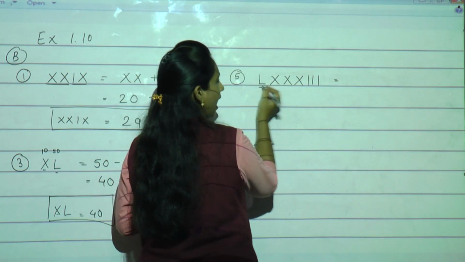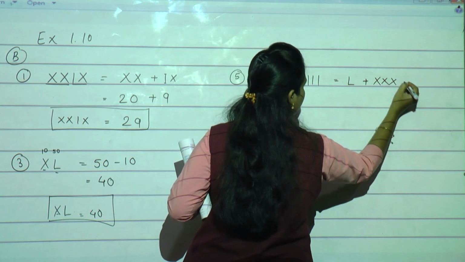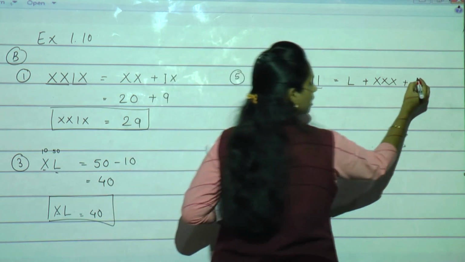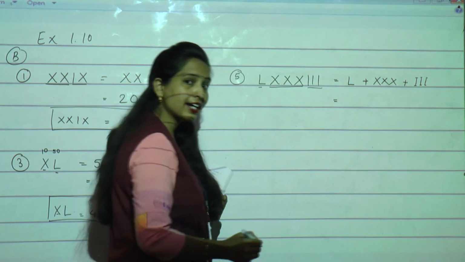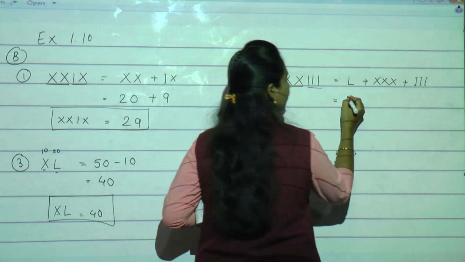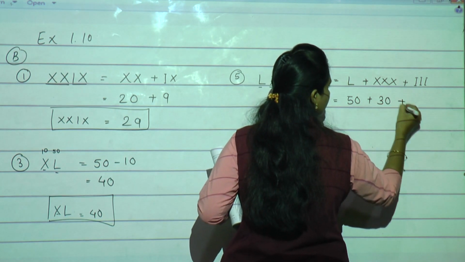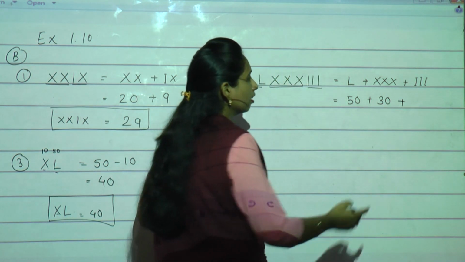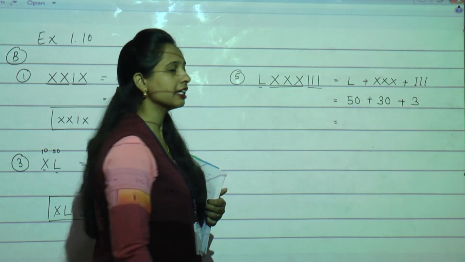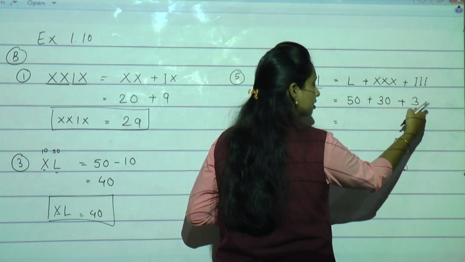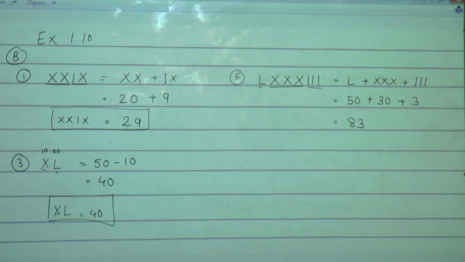L, then triple X, and the next is triple I. The value of L is 50, triple X represents 30 and triple I represents 3. So just do the addition. 50 plus 30 becomes 80. 80 plus 3 is 83. Understood everyone? Easy now?